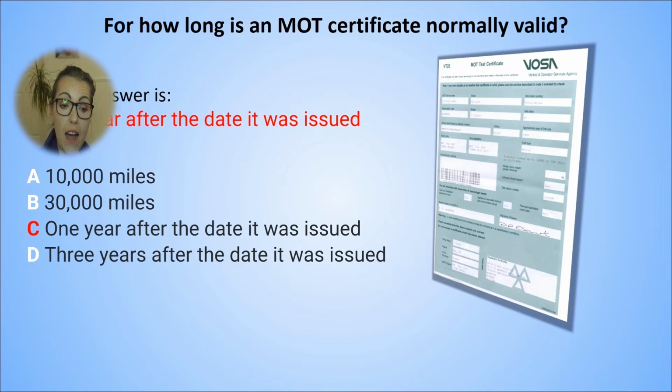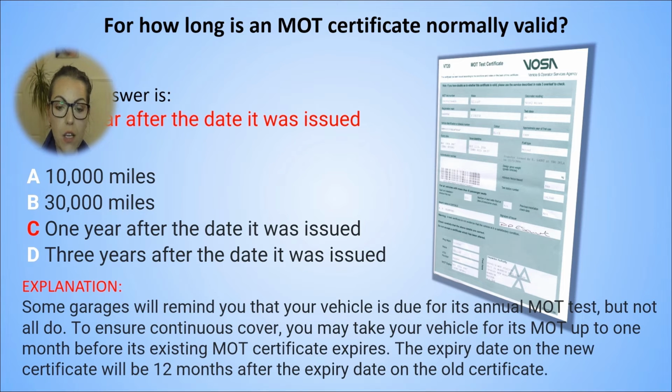1 year after the date it was issued. Explanation. Some garages will remind you that your vehicle is due for its annual MOT test, but not all of them do. To ensure continuous cover, you may take your vehicle for its MOT up to 1 month before its existing MOT certificate expires.